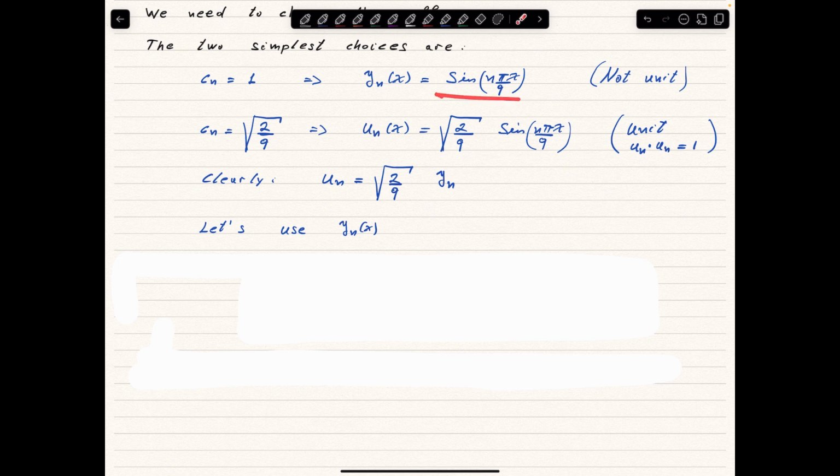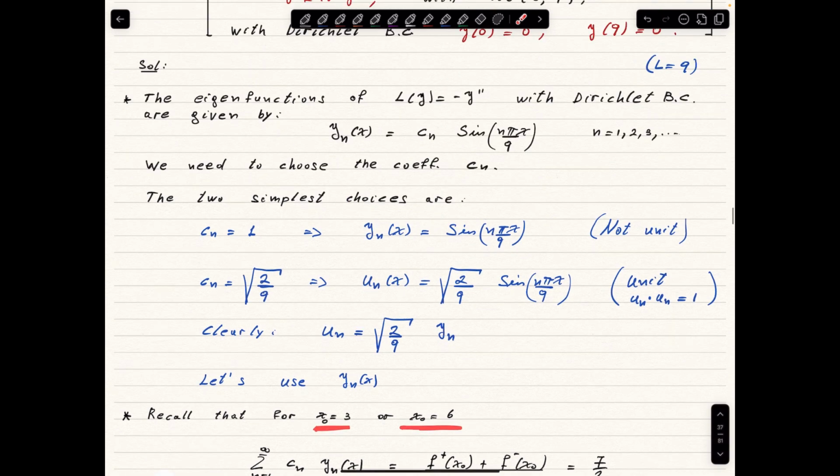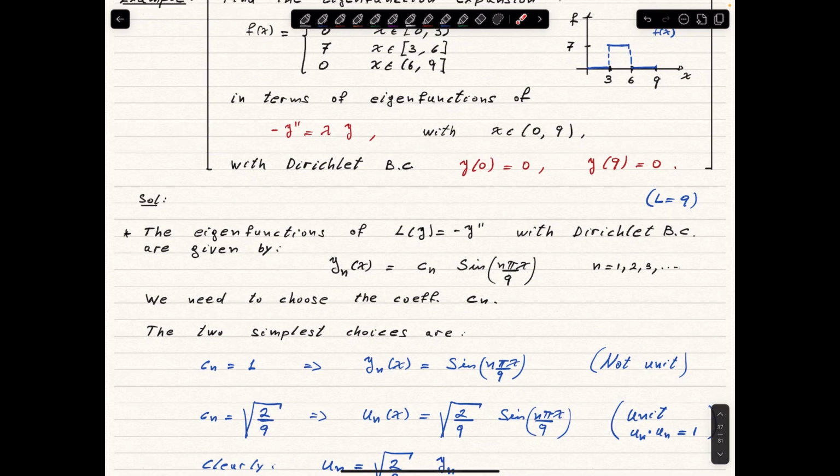So let's recall that we are computing the expansion for values different from x equal 3 and different from x equal 6. We are computing the expansion for all values of x, but at x equal 3 and x equal 6 we are not going to get the value of the function, because the value of the function here at 3 and at 6 is, as you see here, 7, and our expansion is not going to give us 7 there.